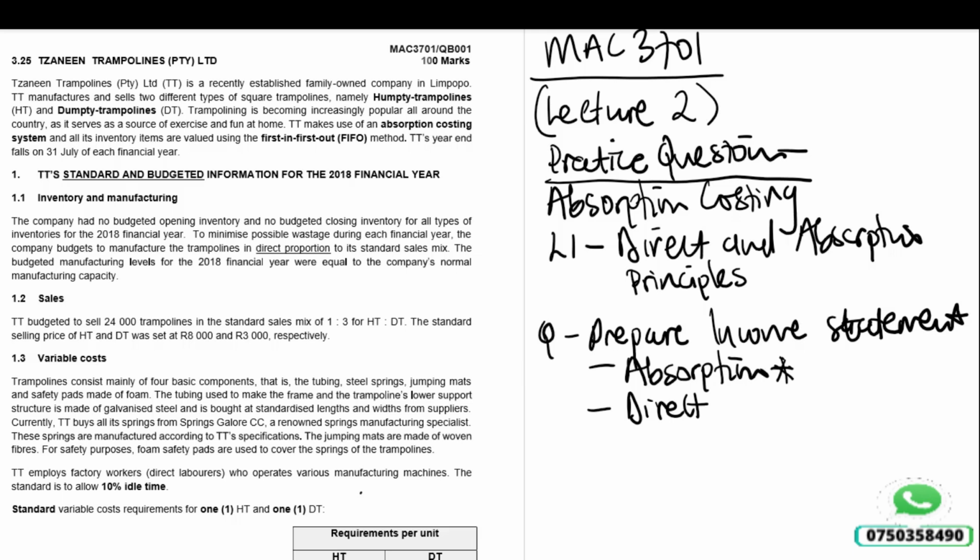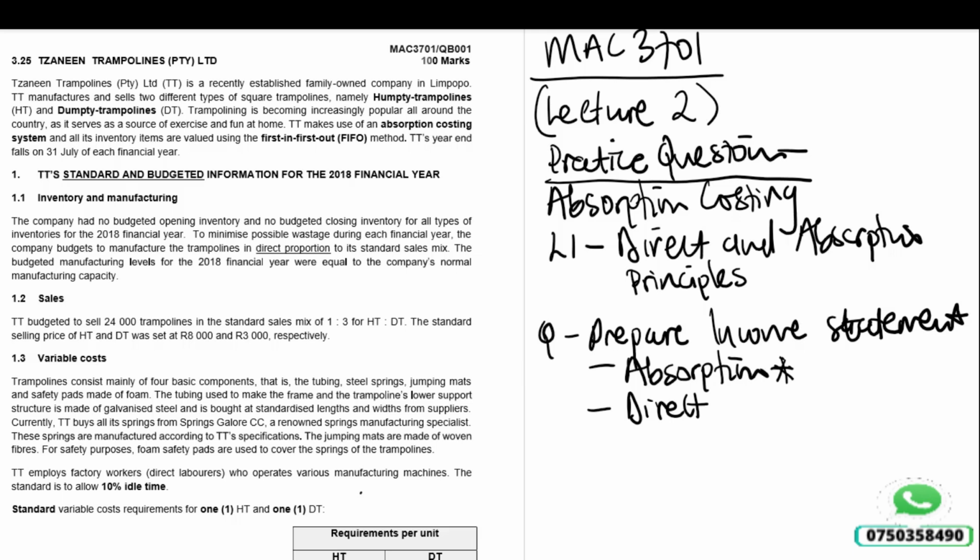Direct costing is basically your sales less variable cost, then you get contribution. Throughout other topics, you're required to calculate contribution, which means you're being tested on direct costing concepts, because whenever contribution is involved, it's direct costing being tested.